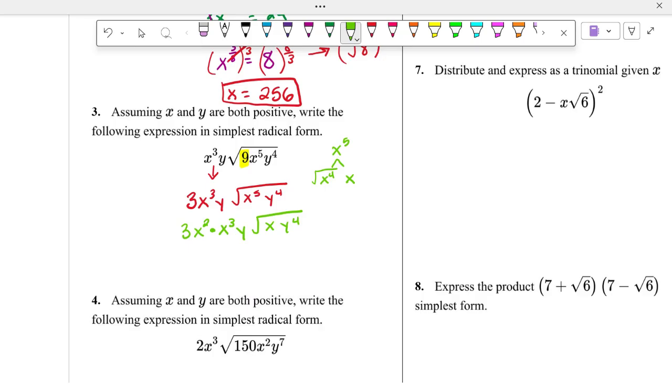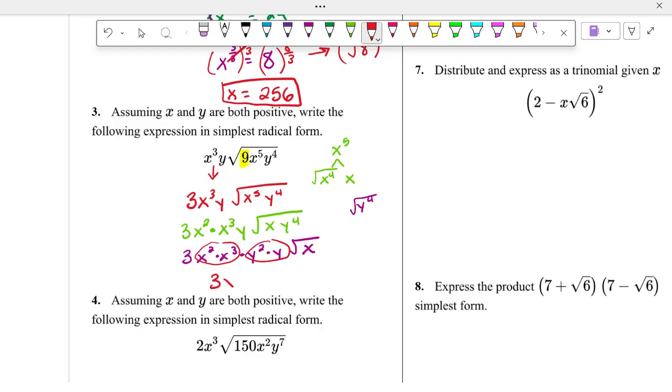All right. Then we do the same thing for y to the 4th. Is y to the 4th a perfect square? Yeah. So you can just take a square root of that, which is y squared. So this would be 3x squared times x cubed times y squared times y. What's the only thing I have left under the radical? X. If I clean up the outside a bit, I need to multiply these like bases together.